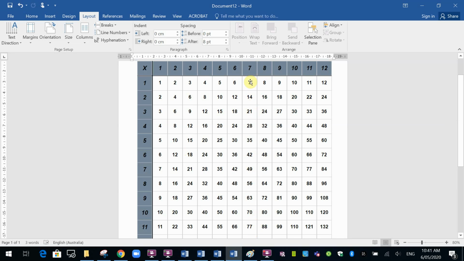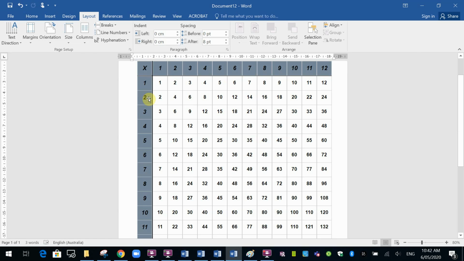So in the 7 times table, there's 7, 14, 21 and so on. There's no 10. So what do we do? We have a look at the number that's closest to it underneath. So 14's too far, but 7's okay. So 7 divided by 7 equals 1.